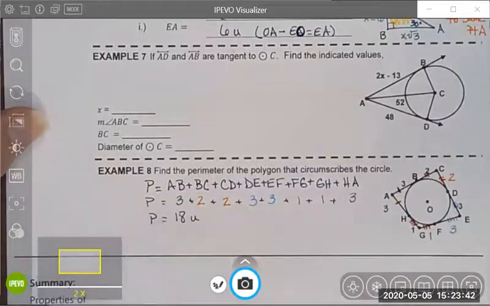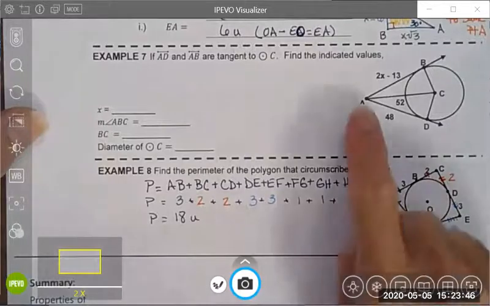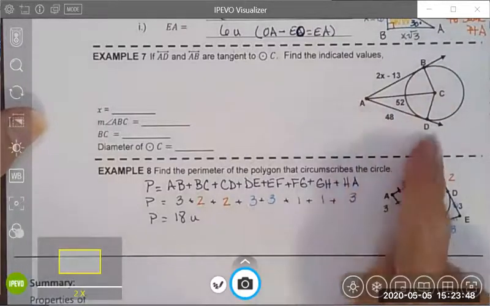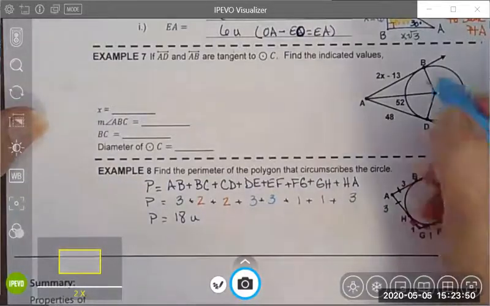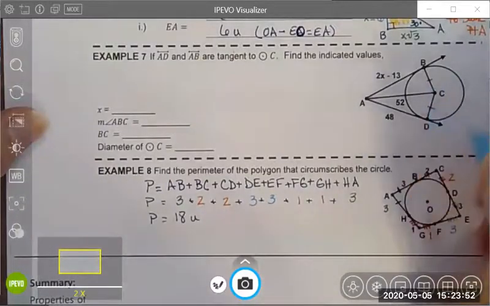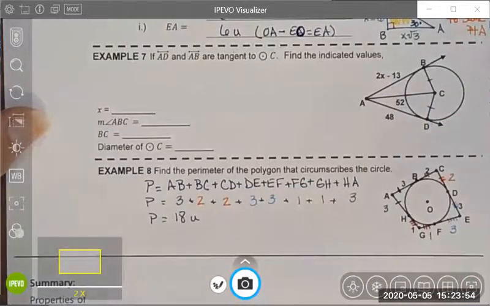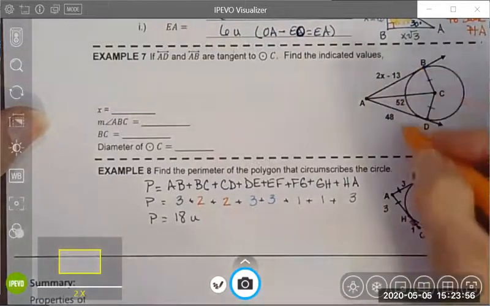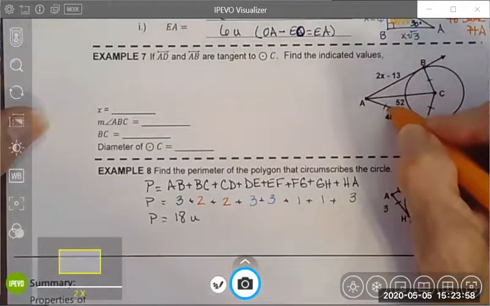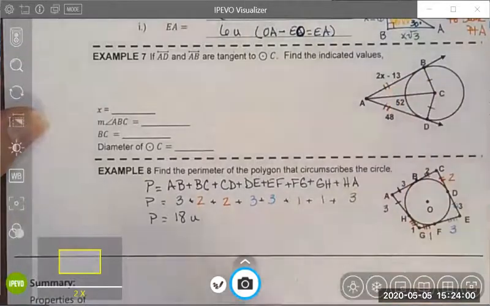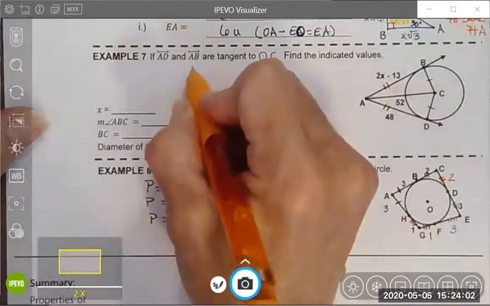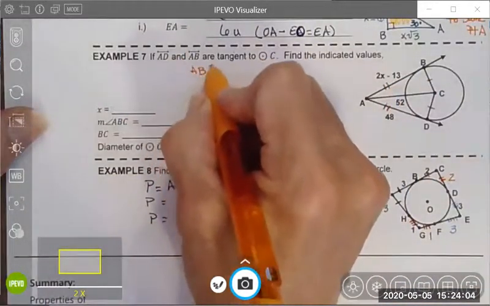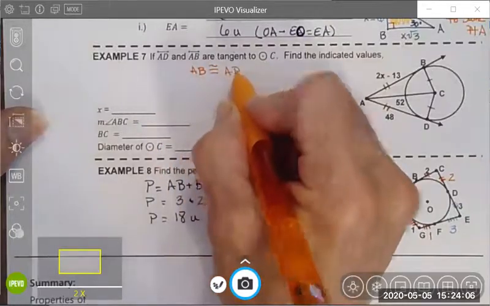The first thing I notice with example 7 is that I have an external point tangent to the circle in two different places. I know that the radii of my circle are always the same. And because these are tangent to the circle from the same external point, I know that AB is going to be congruent to AD.